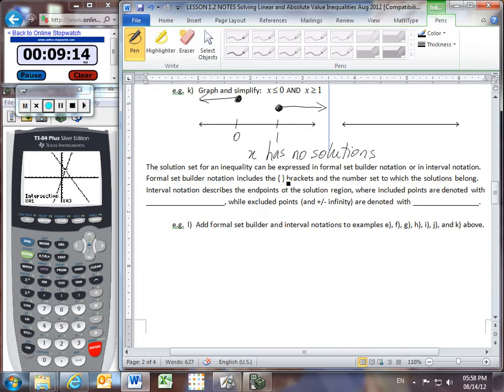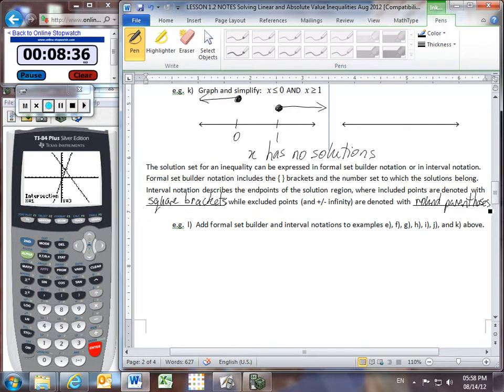I'll get to one of those examples in a minute. Interval notation describes the endpoints of the solution region, where included points, which are like closed circles, the closed endpoints, are denoted with square brackets, while excluded points and positive or negative infinity, we'll look at some examples in a minute, are denoted with round brackets, which I actually call parentheses.